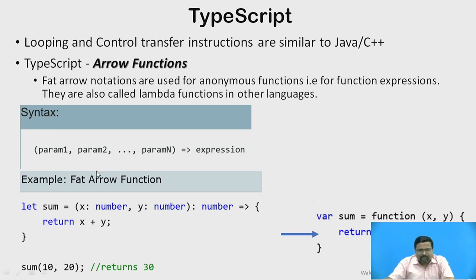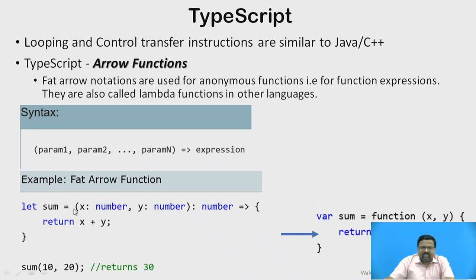So this is an example of a fat arrow function, where you have the round bracket, inside that a list of parameters, then the round bracket completes, then the fat arrow symbol, and then the expression, which is the body of the function. The example is sum. Here sum is the variable which is holding the function written with this fat arrow function. x and y are the parameters to the function, and this function returns a number, then the fat arrow symbol, and the body of the function contains the expression x plus y.